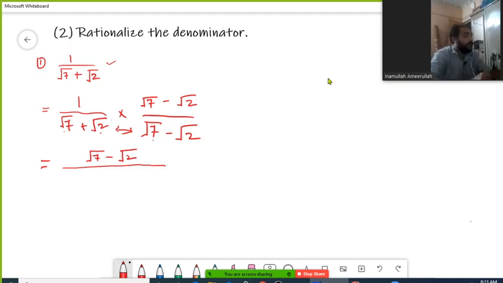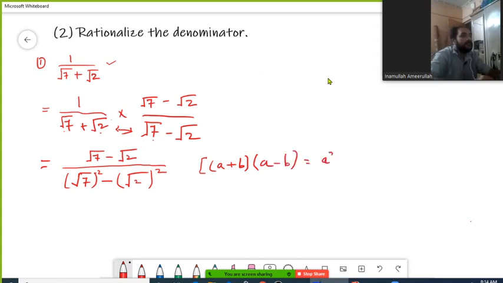Yes, so we have the formula: a plus b into a minus b is equal to a square minus b square.